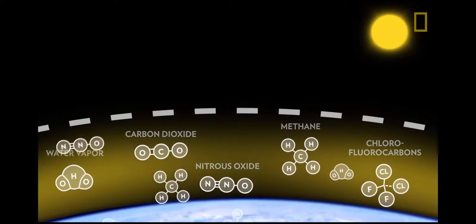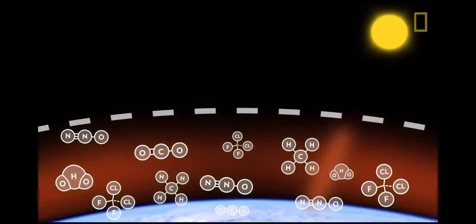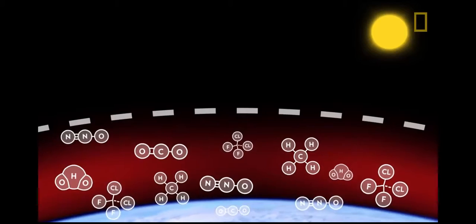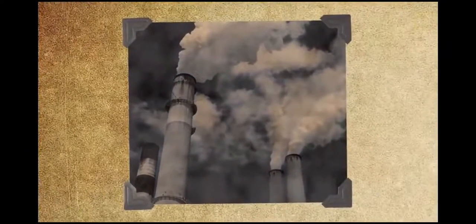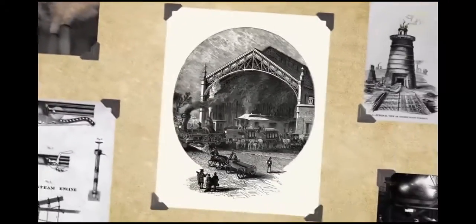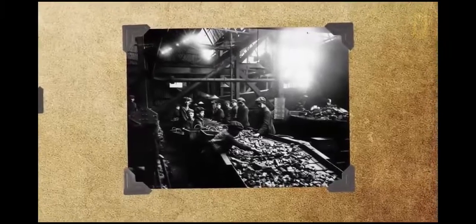The more greenhouse gases in the atmosphere, the more heat gets trapped, strengthening the greenhouse effect and increasing the Earth's temperature. Human activities, like the burning of fossil fuels, have increased the amount of CO2 in the atmosphere by more than a third since the Industrial Revolution.